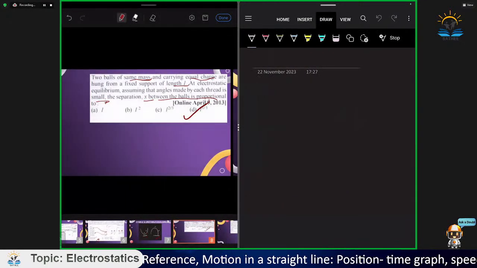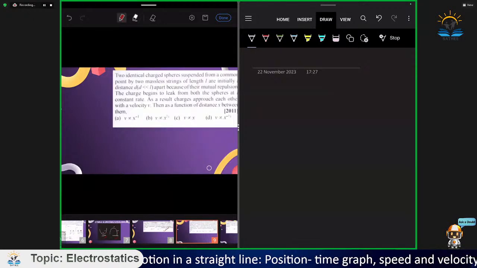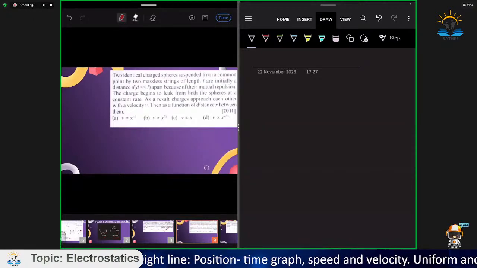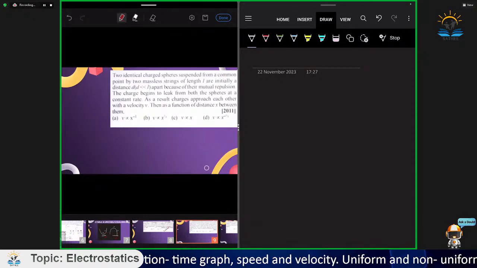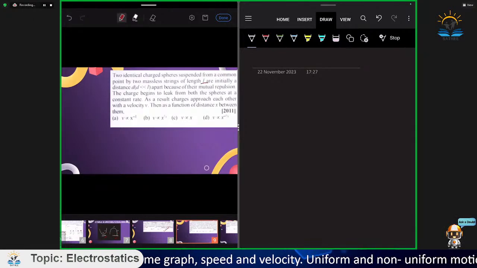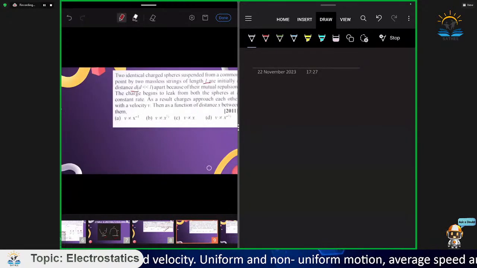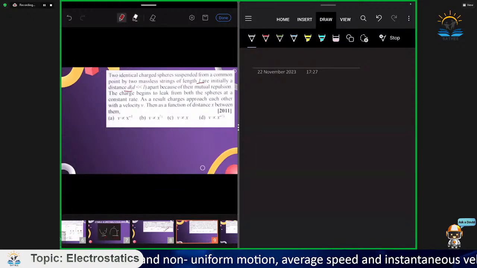Next question. Again, a similar question. Two identical charged spheres suspended from a common point by two massless strings of length L are initially at a distance D apart. In the previous question the distance was x, here the distance is D. Because of their mutual repulsion, the charge begins to leak from both the spheres at a constant rate.